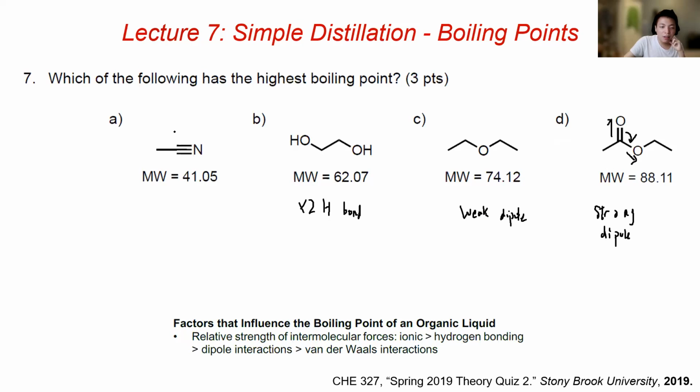And cyanide is more electronegative than carbon, so we have dipole moments going this way. So if I have to write them out, C will be weaker than A, weaker than D, and then weaker than B.